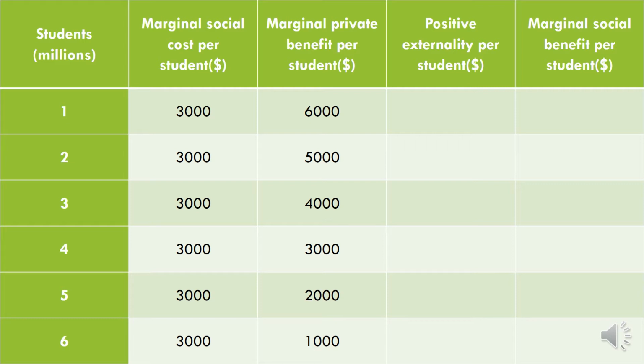For the 4 millionth student, it'll be $3,000 per student benefit. For the 6 millionth student, it would be $1,000 benefit for the student. Alright, so far so good.